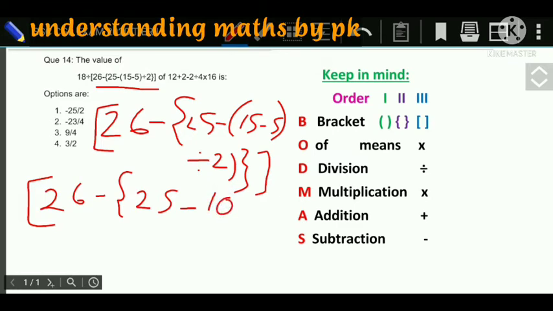of minus, because on opening the bracket this will be of minus, so 10 divided by 2.